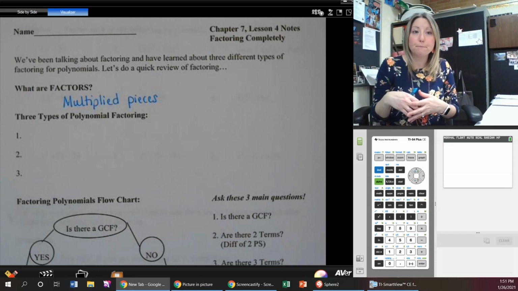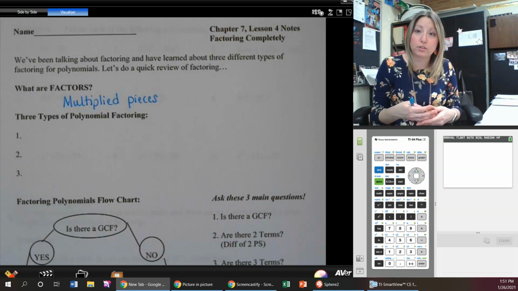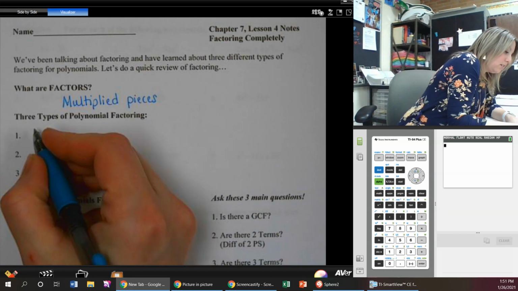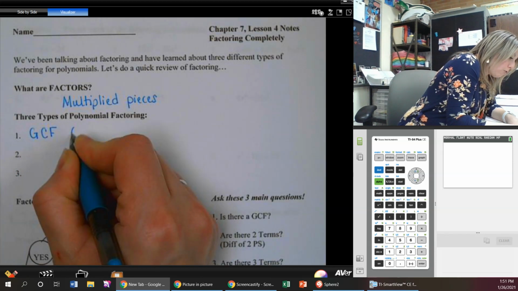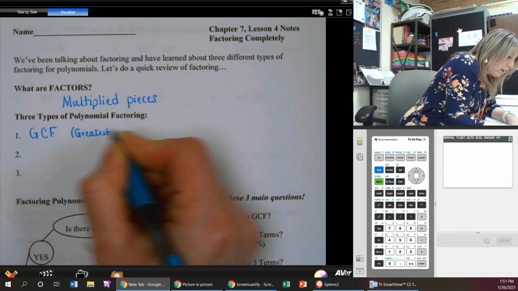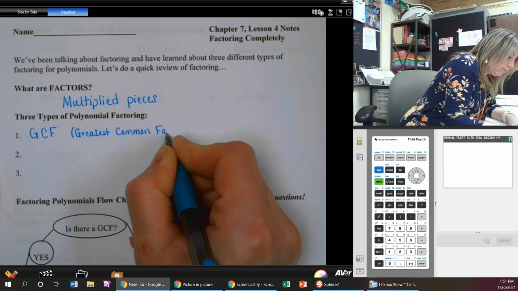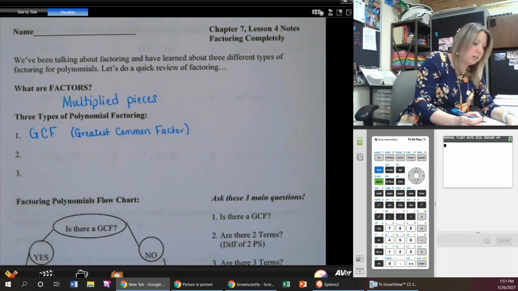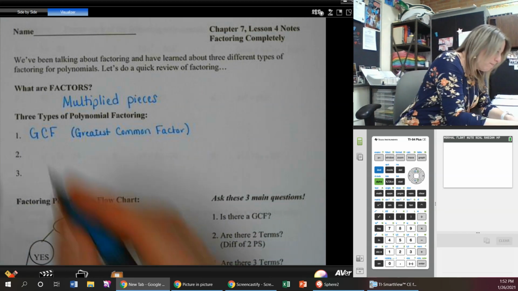Okay? Now, the three types of polynomial factoring we have done so far in Chapter 7 have been GCF, which of course stands for greatest common factor. So we did greatest common factoring, undistributing basically.